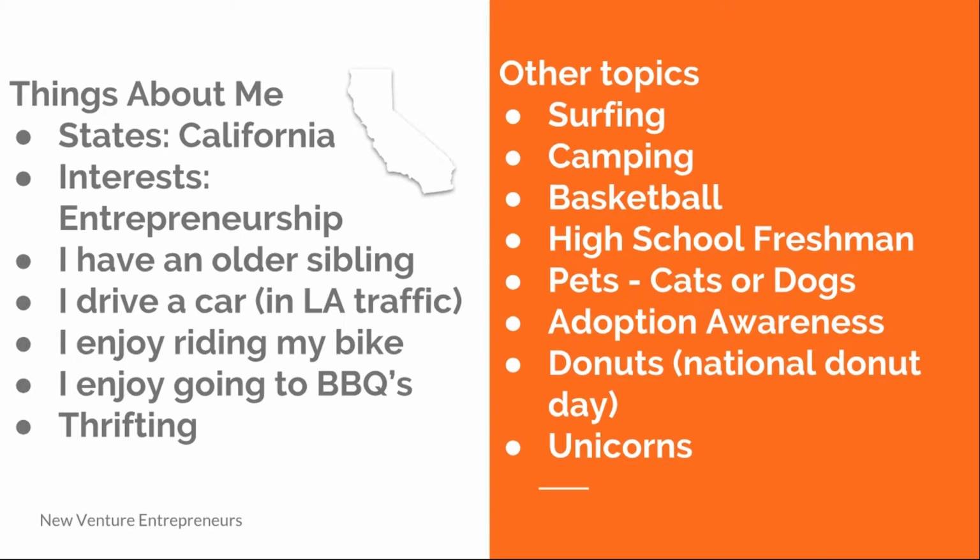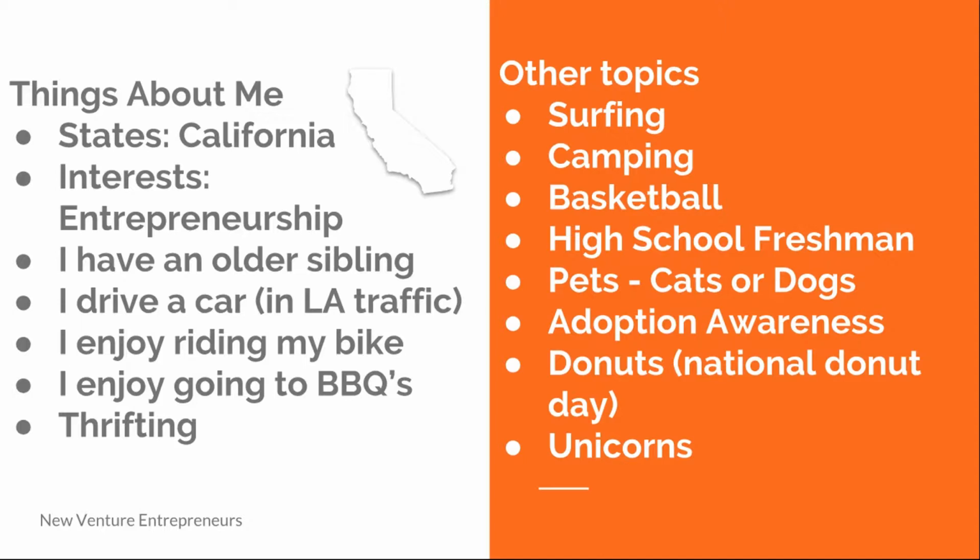Just really sub niche down. That's just one example of that. But like I said, that can take a whole other video to really understand the concept of how to do that. Another example I have is adoption shirts, adoption awareness. That could be for pets or children or something. You can just really hone in on that type of topic.